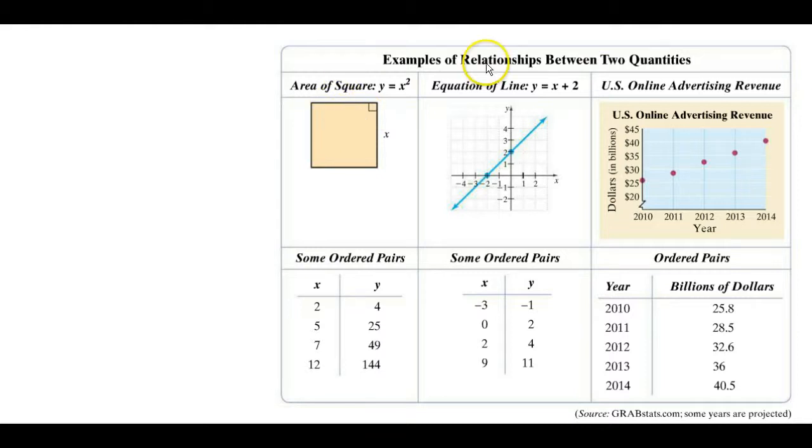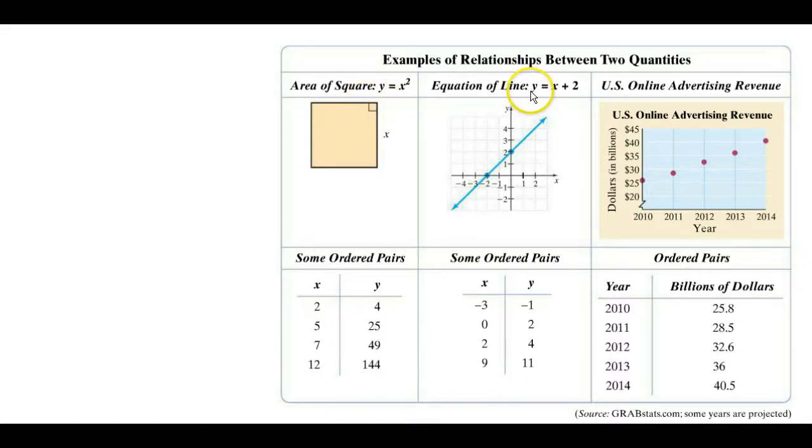Okay, examples of a relationship between two quantities. Well, the area of a square, area would be the y, equals x squared. So as we square the x, we get the y. That is a relationship.